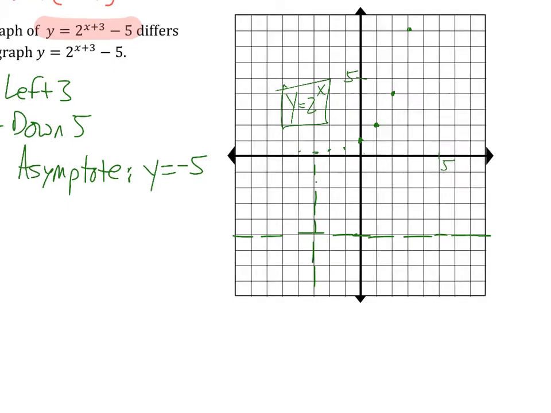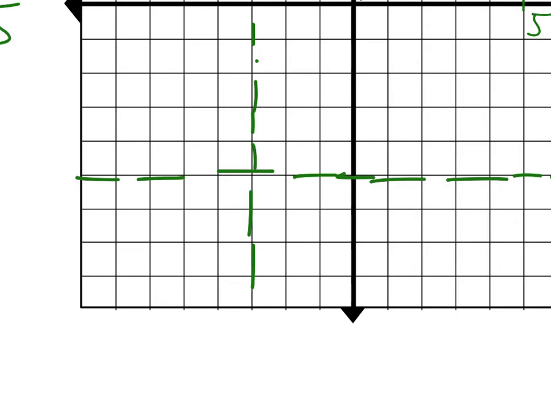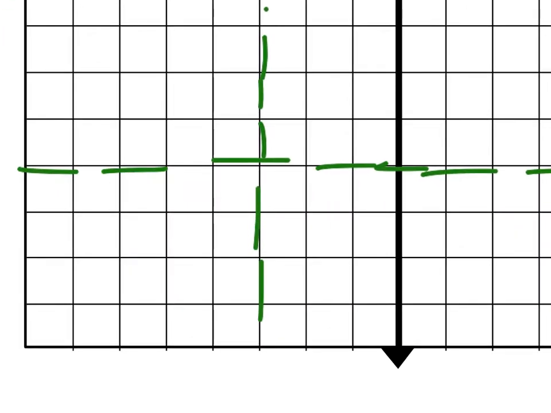That is not the axes, but think of this like the new origin. Now I'm going to be thinking y equals 2 to the x, and we're going to graph 2 to the x here.